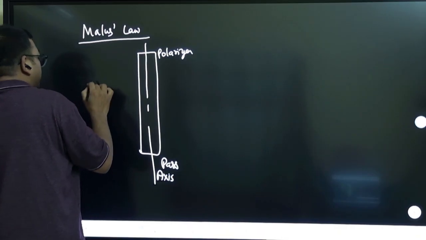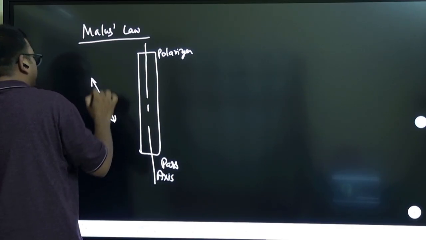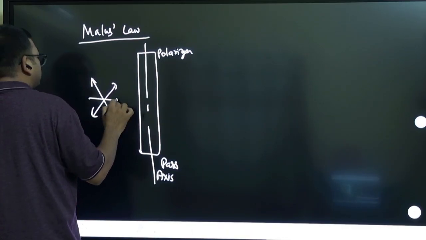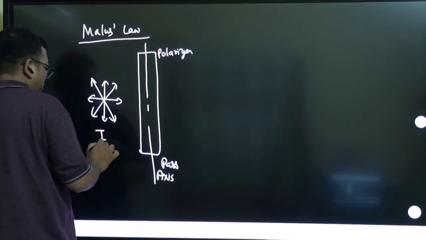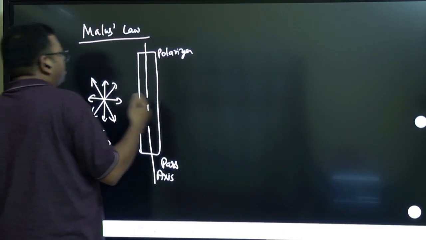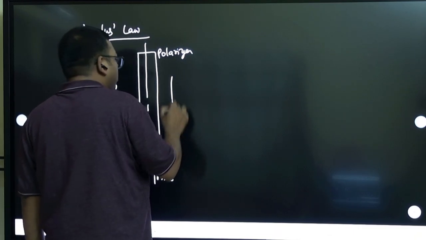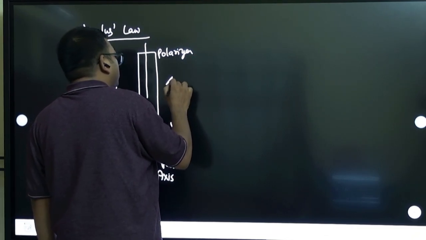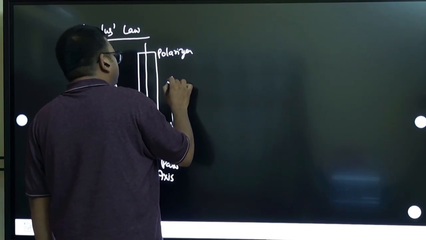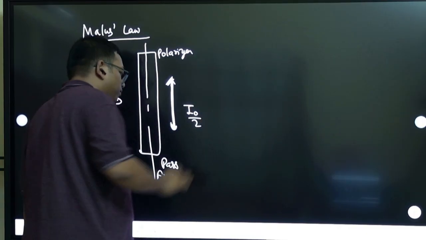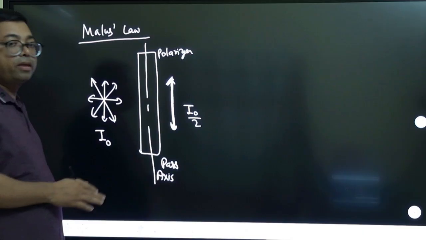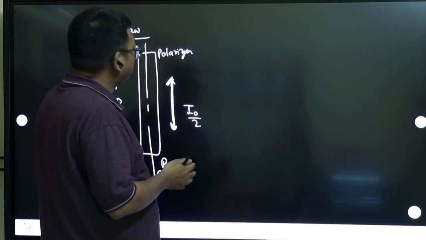If I am sending an unpolarized light, let us say its intensity is I naught. After passing through a polarizer, it will oscillate in this direction only, and this intensity will become I naught by 2. First of all, this will become half. Okay, this is one. So, what is Malus law?